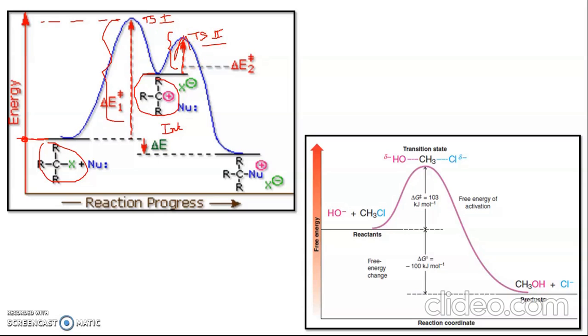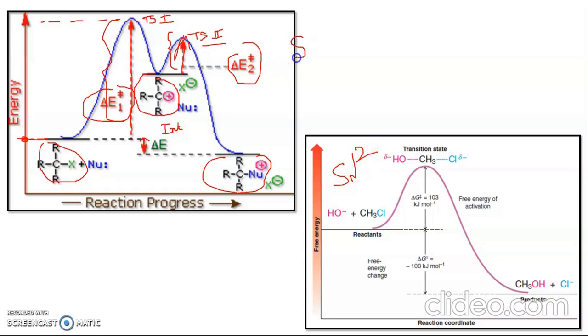As we know, the first step is the slow step, so obviously delta E1 will be higher than delta E2. And this energy gap is between the starting material and the product. So this is our product. Now come to SN2.